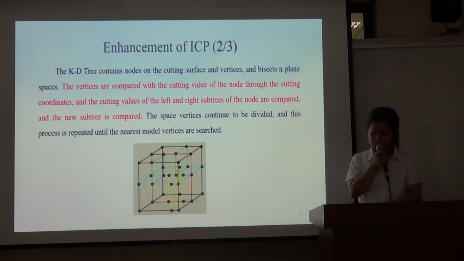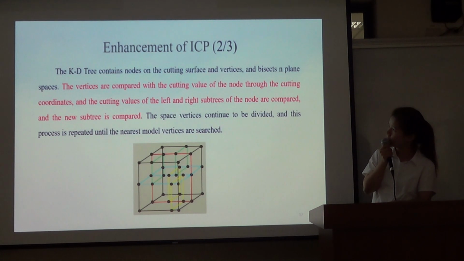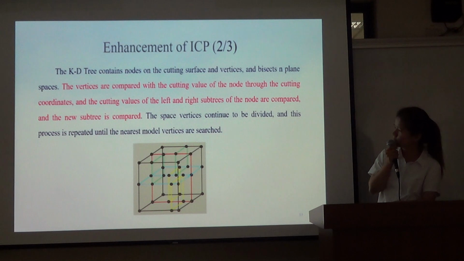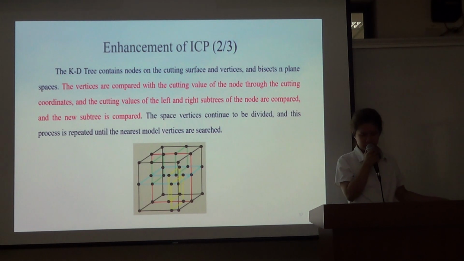Use the KD tree to split the space vertices of source model A and the target model B, and repeat this process until the nearest model vertex is searched.